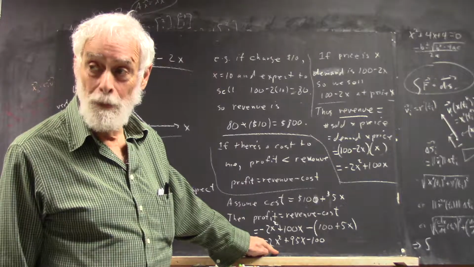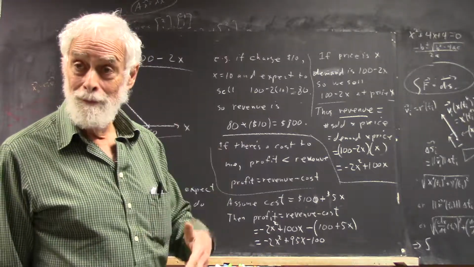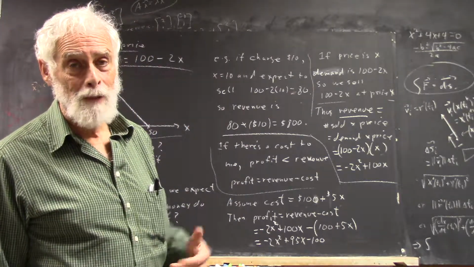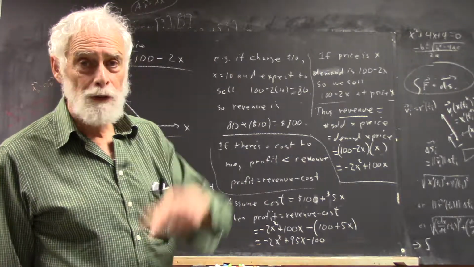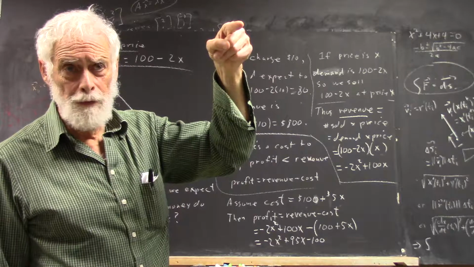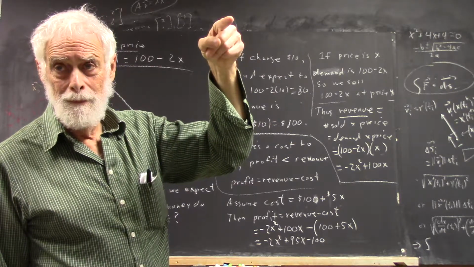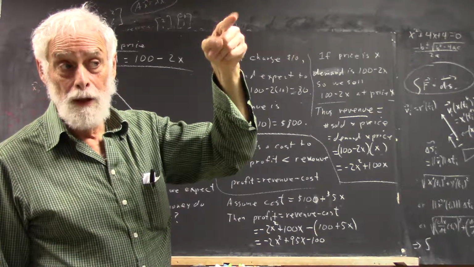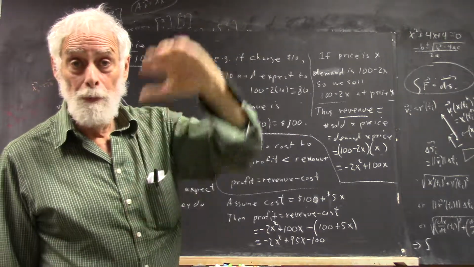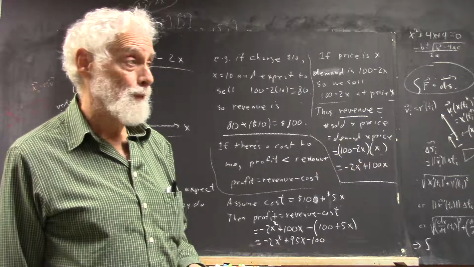Profit. Profit goes in the vertical axis. Okay? And the graph is an upside down parabola. So what's that vertex tell you about profit? The maximum profit. Yeah. It's where the profit peaks. Is that handy to know?